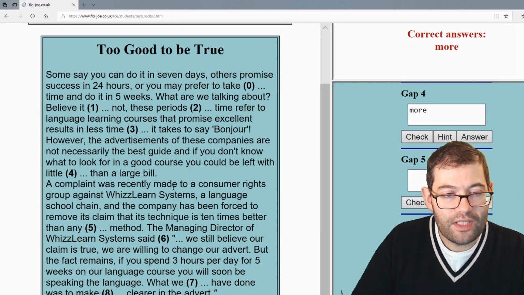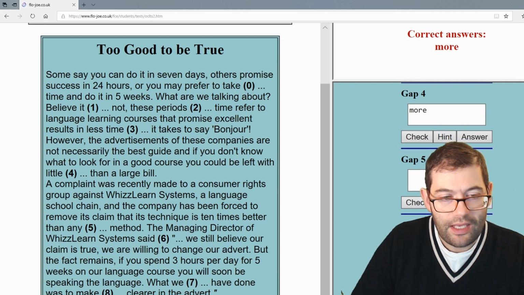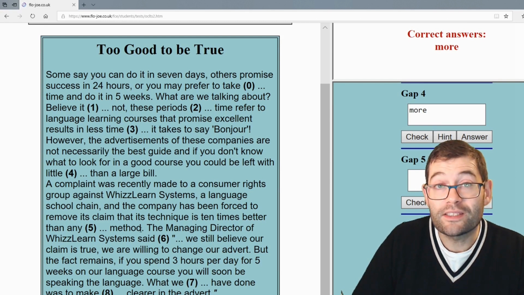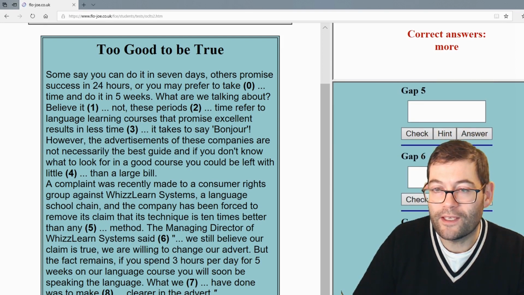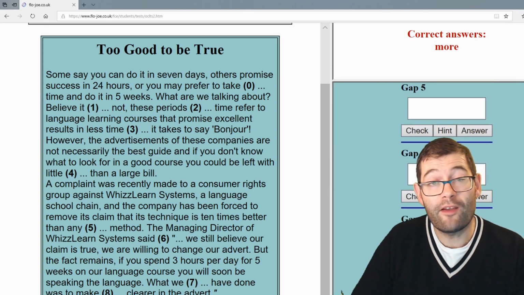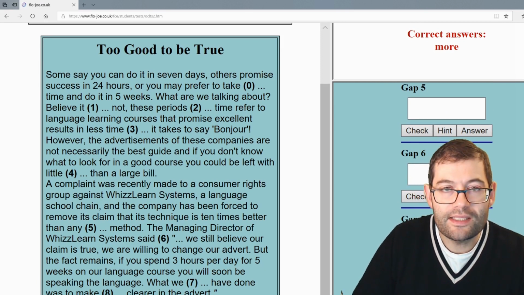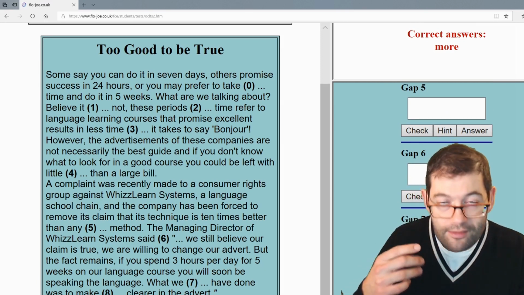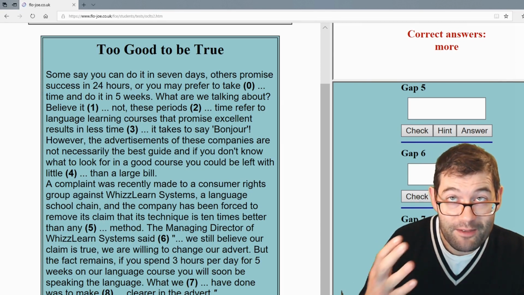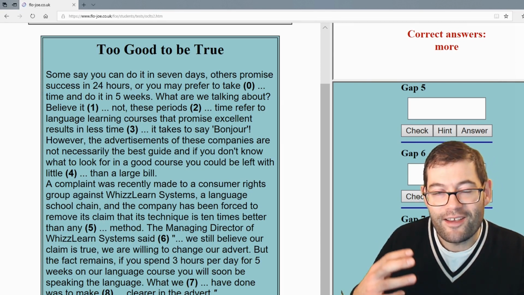A complaint was recently made to Consumer Rights Group against WizLearn Systems, a language school chain, and the company has been forced to remove its claim that its technique is 10 times better than any something method. So once again, we've got a comparative form here, or we need vocabulary of comparison. So we need to compare this system against... I'm trying to explain this without giving you the answer straight away.